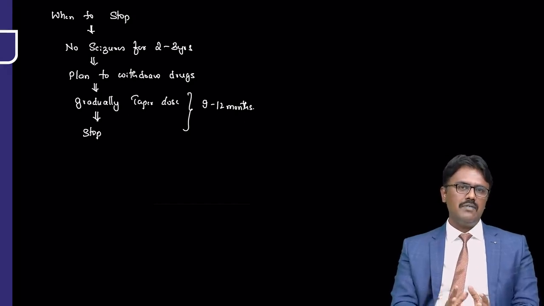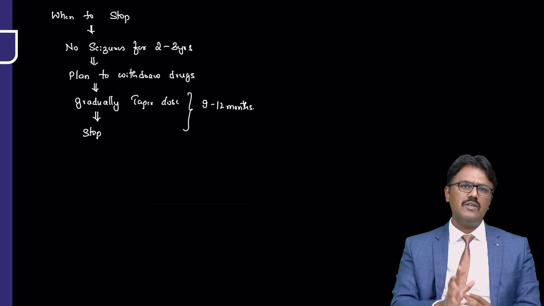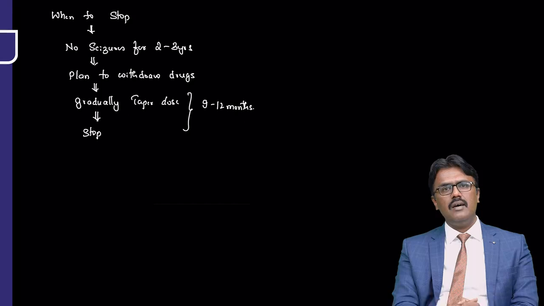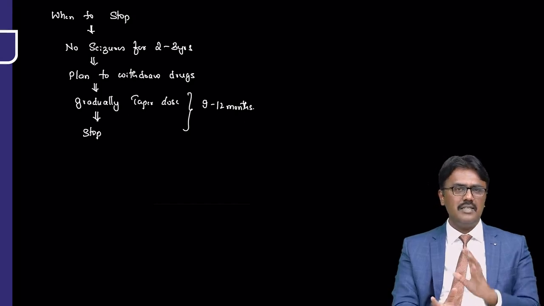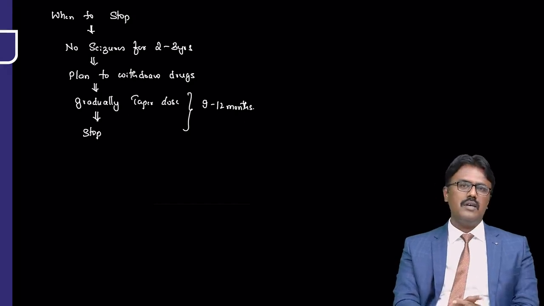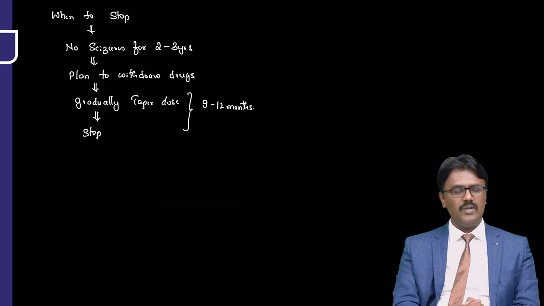Please consider the first 5 drugs, that is phenytoin, carbamazepine, valproate, lamotrigine, topiramate, very, very important, and for the others just consider the mechanism of action. Then you have to understand the epilepsy, that is types of seizures and the drug of choice for each. And then you have to understand the application of anti-epileptic drugs in pregnancy and when to stop the anti-epileptic drugs. So that is what we had to discuss in anti-epileptic drugs.